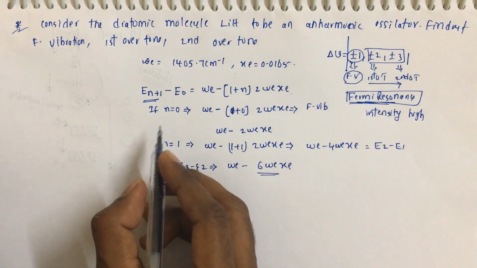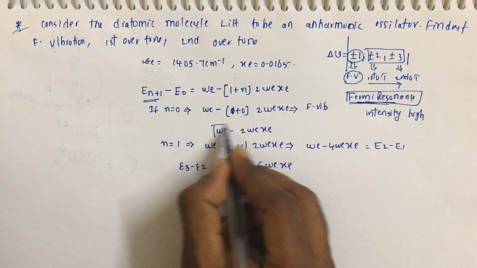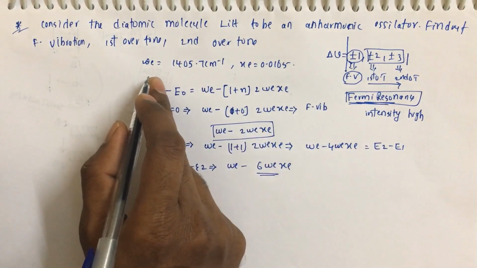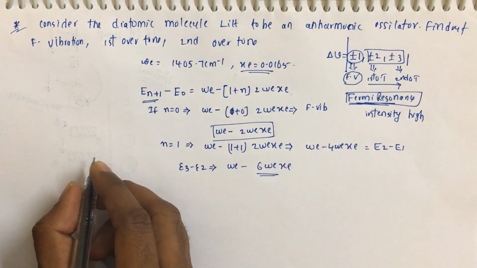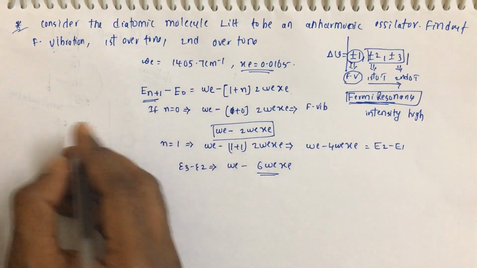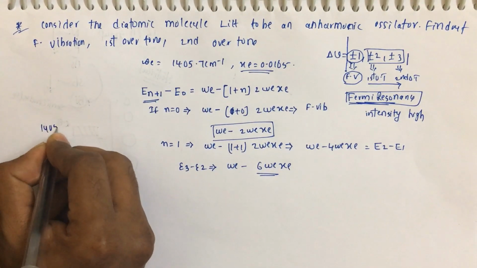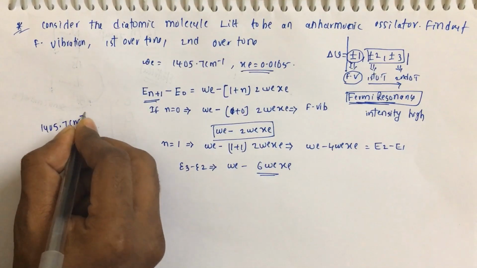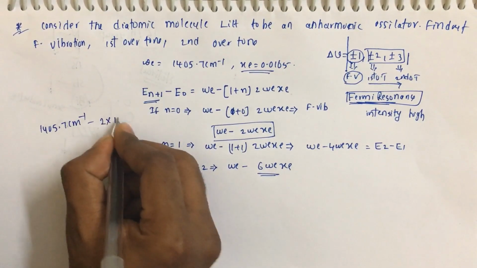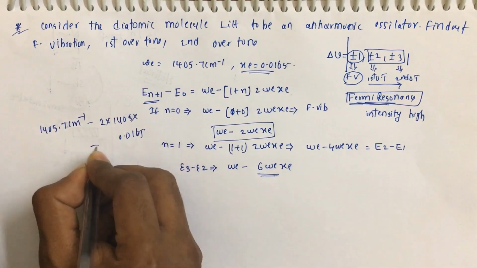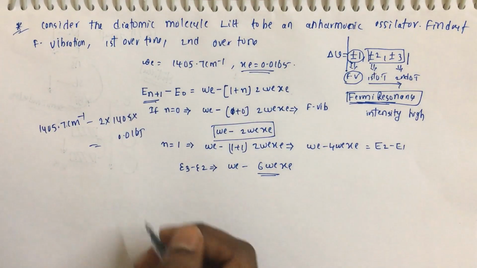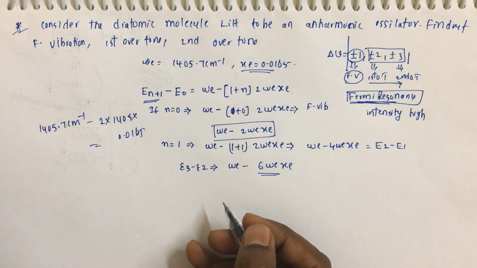When they are asking for the fundamental band, we have to take the first one. Here we have the We value, and here we have Xe, meaning the anharmonicity constant. So just substitute these values: 1405 minus 7 cm inverse minus 2 into 1405 into 0.0165. So you'll get the answer. This kind of question will be asked in the exam.